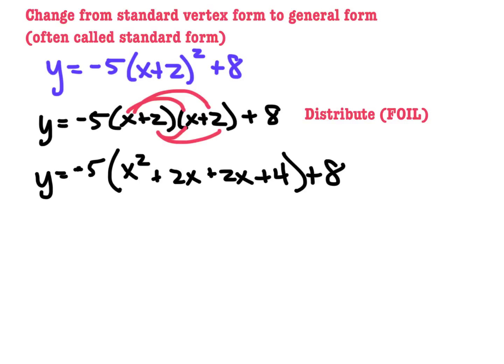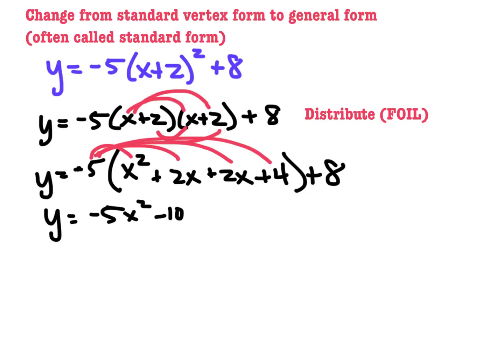So notice I kept it in parentheses still because I haven't multiplied the negative 5 by all this stuff yet. So I'm going to have to distribute one more time this negative 5 to everything. So I have y equals negative 5x squared minus 10x minus 10x minus 20 plus 8.